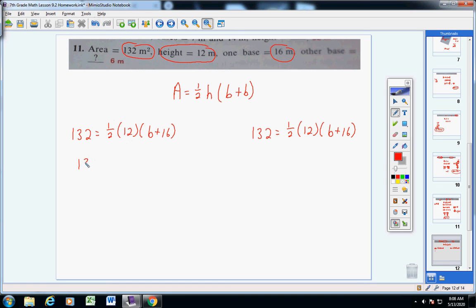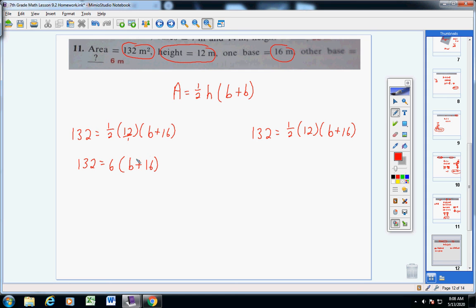So I have 132 equals, put the 12 over 1, 1/2 times 12 will give you 6, and then b plus 16. Now, I would like to point something out to you. This might help a little bit. What I'm about ready to show you right now, I really don't like, but you can do it this way if you want to. Okay, I'm just trying to give you a couple of different options to try.